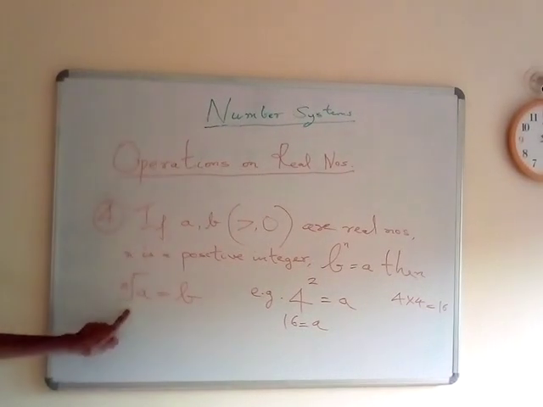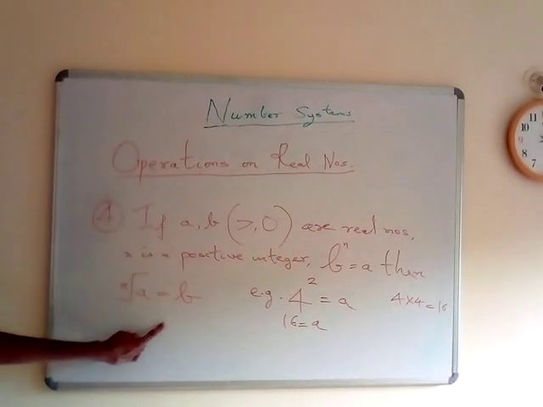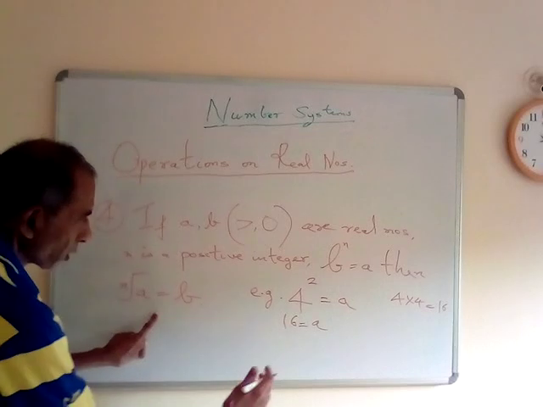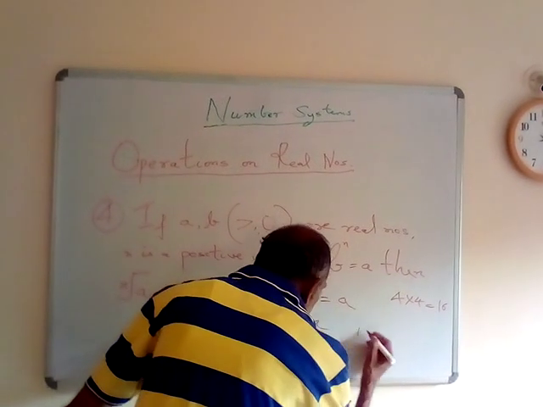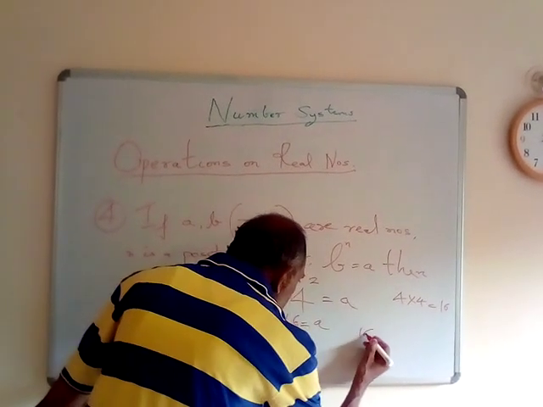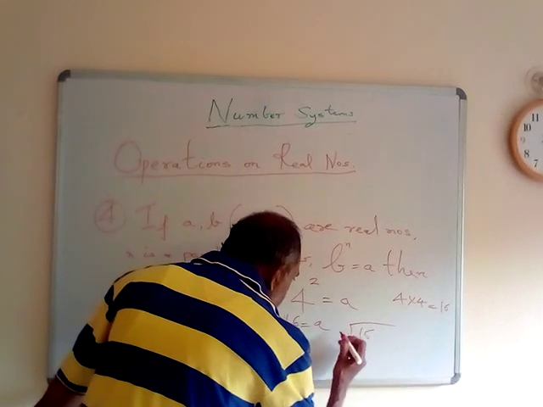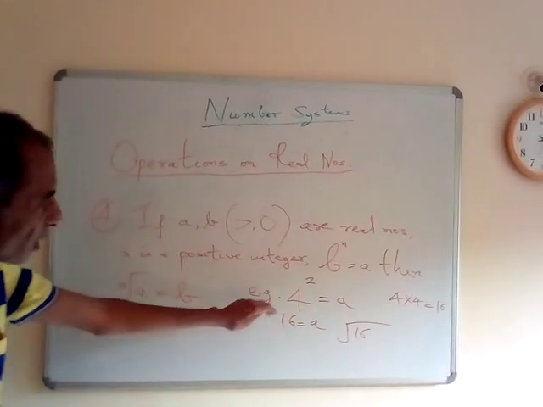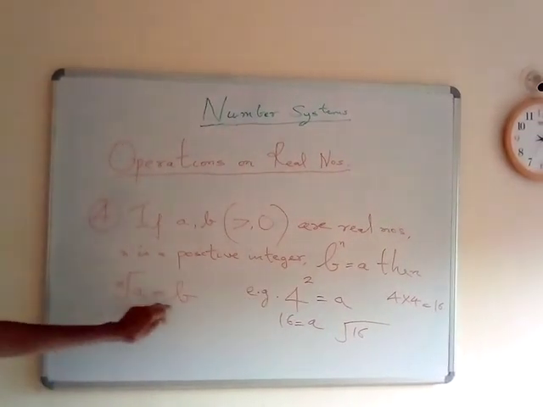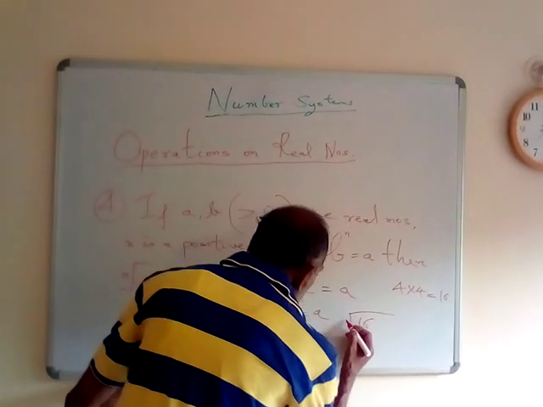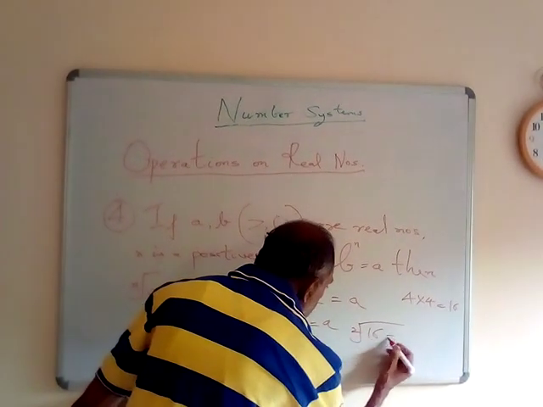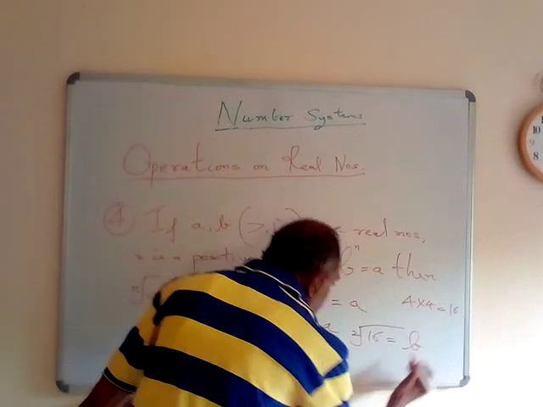Now we'll apply this. The nth root of a is equal to b. A is 16, and the value of n we have taken as 2. So the square root of 16 is equal to b.